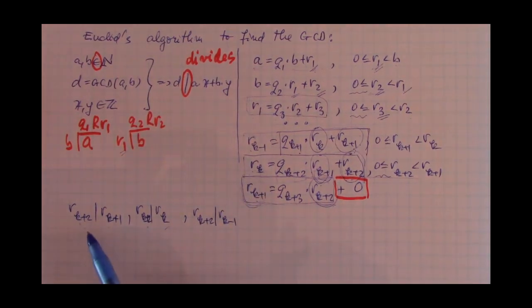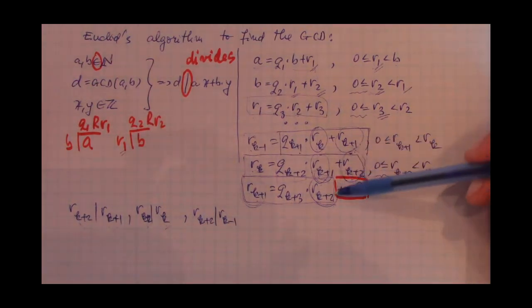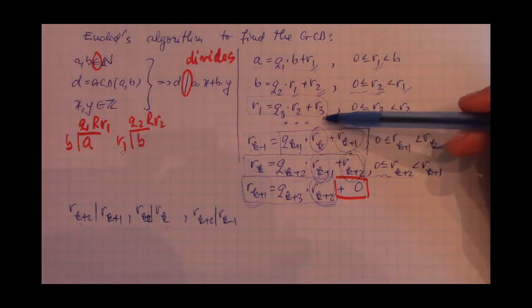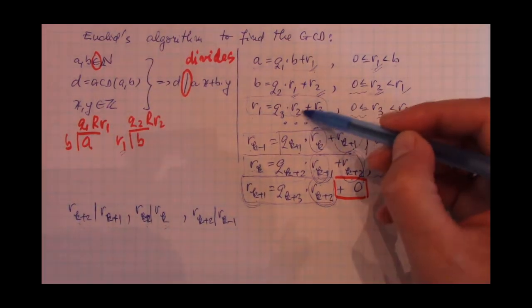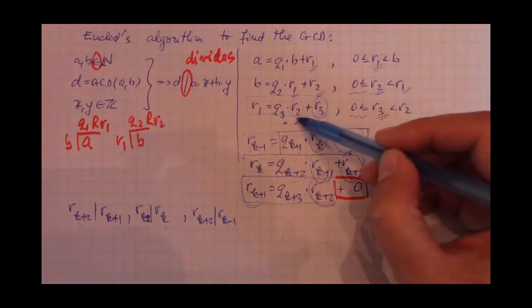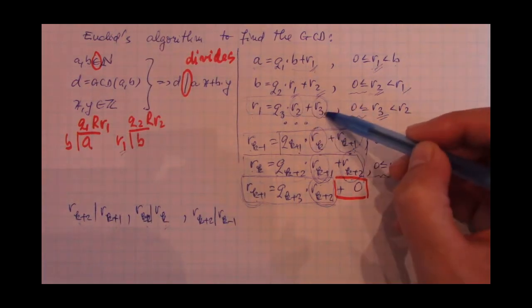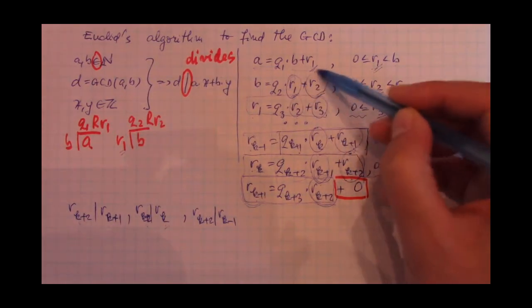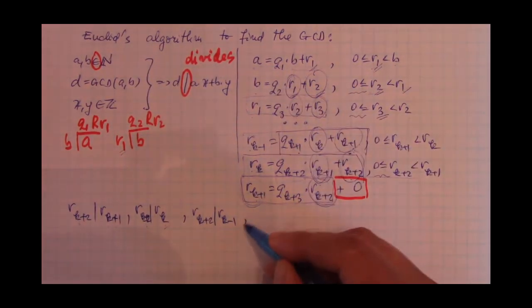All right, and we can see a very nice pattern developing here. r_{k+2} divides r_{k+1}, r_{k+2} divides r_k, r_{k+2} divides r_{k-1}, and so on and so forth. As we keep going up this chain, eventually r_{k+2} will divide these two remainders, so it will divide r1. Then it will divide these two, so it will divide b.